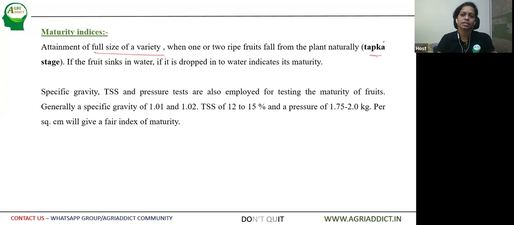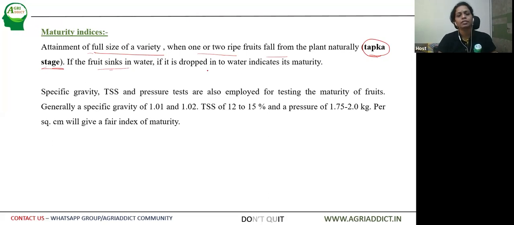We also have a term called the tapka stage. It is a stage where one or two ripe fruits fall from the plant naturally. That is when we can assume that the fruits on the tree can be considered mature. That is the stage when one can go for harvesting.